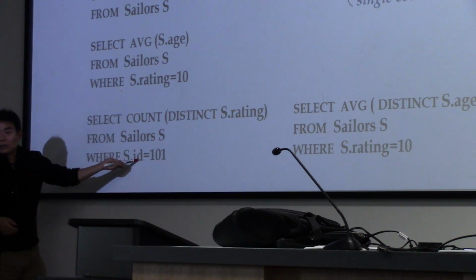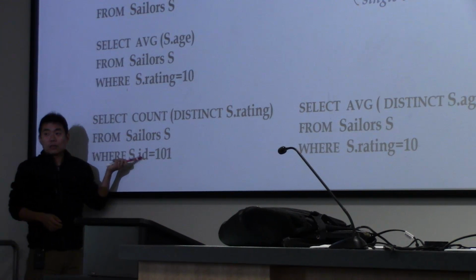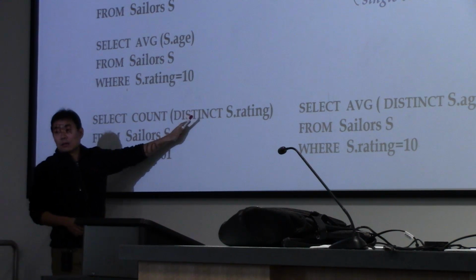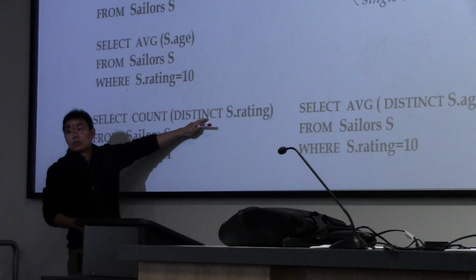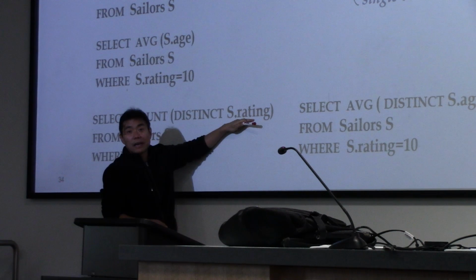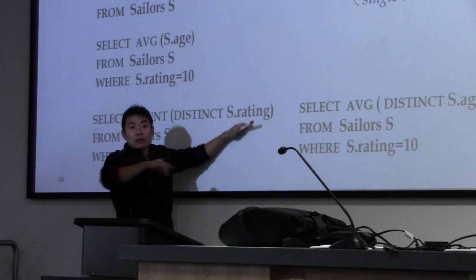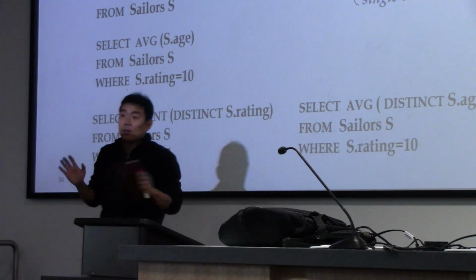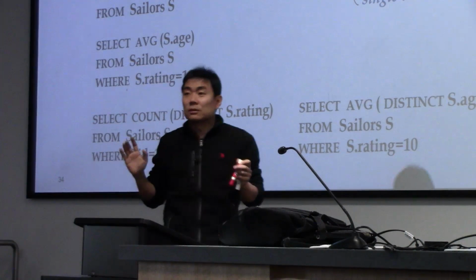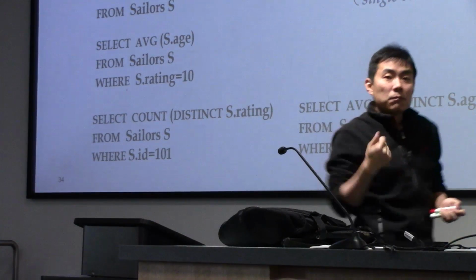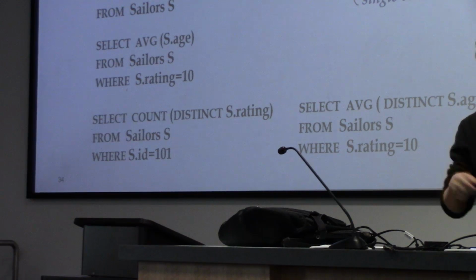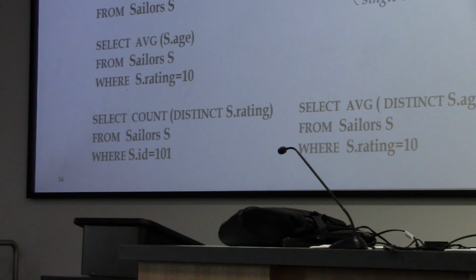Sailor ID is the primary key, so of course it's unique. So you would have one. It will have no effect at all. You only have one sailor to be returned, meaning this set A is a set of single values, so having distinct or no distinct in that case will have no effect whatsoever. But if you use name, things change because name is not a key. I just want to use this simple example to illustrate what's going on.